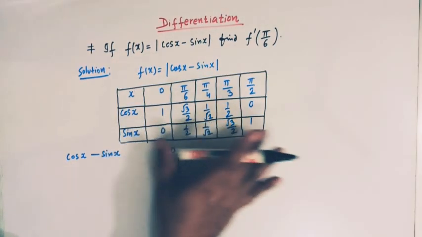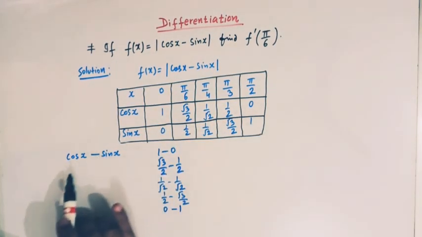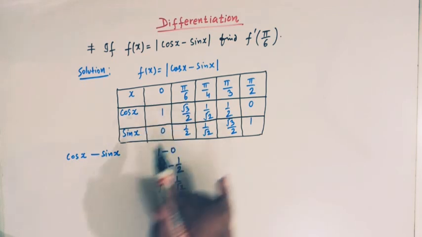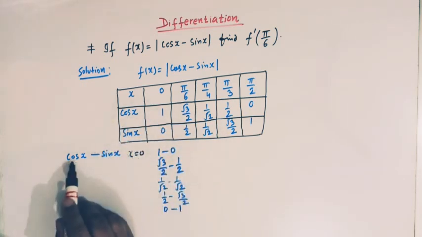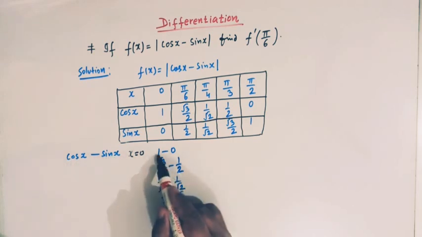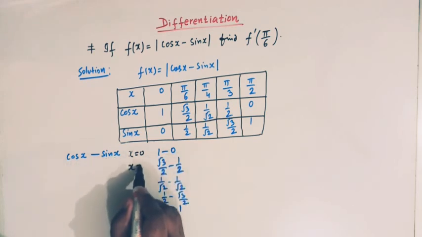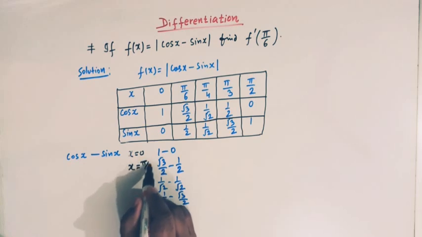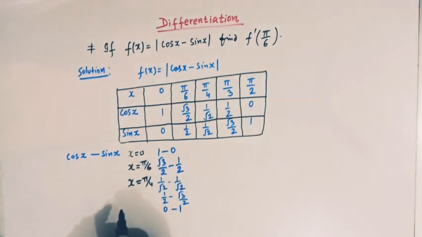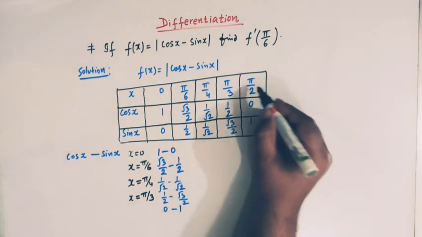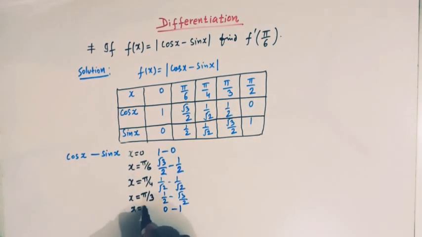So now we have this table, and for x equal to 0 the difference is 1 − 0, and similarly for π/6, π/4, π/3 and π/2.